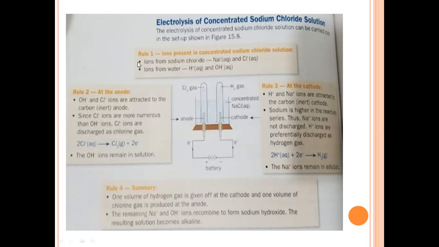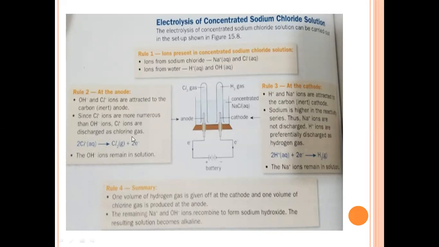The very first rule, number one, we have to judge which cations and anions are present in this solution. Concentrated means sodium and chloride ions are present in large numbers, and hydrogen and hydroxide ions are in the least amount.